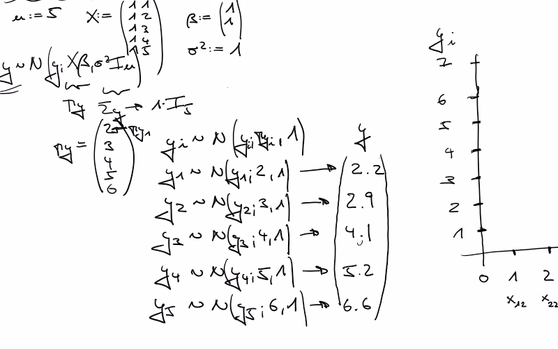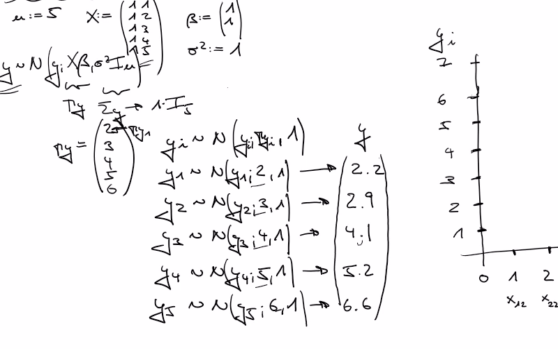So we can plot mu yi, so these values 2, 3, 4, 5, 6, as a function of these values, as a function of the independent variable.